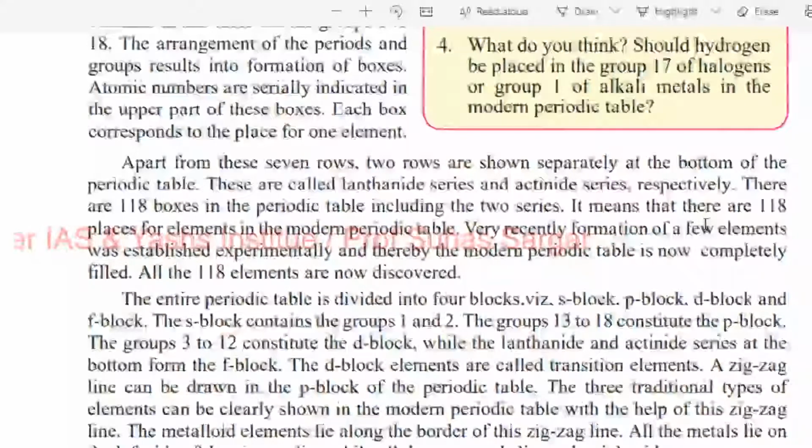It means that there are 118 places for elements in the modern periodic table. Very recently, formation of the new elements was established experimentally, and thereby the modern periodic table is now completely filled. All the 118 elements are now discovered.